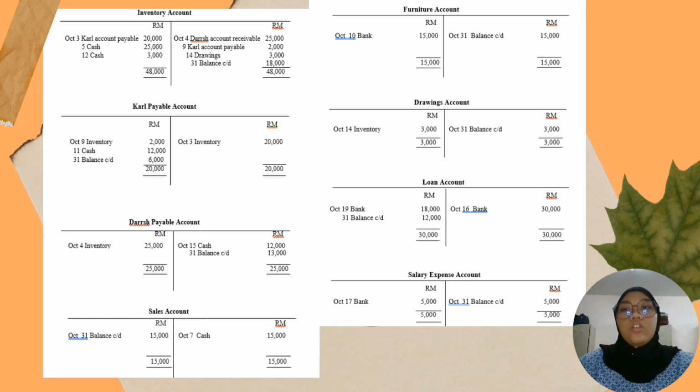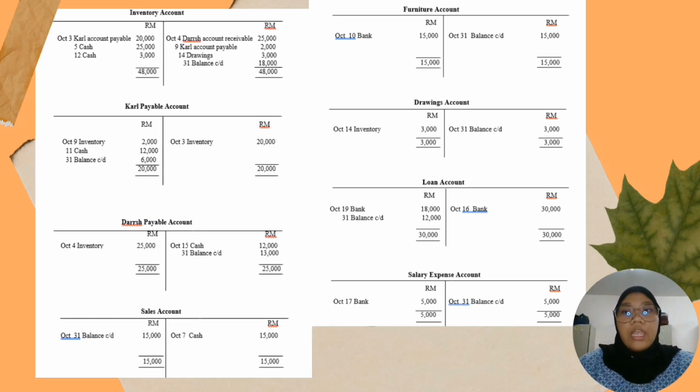Inventory account. On 3 October, account payable has 20,000 ringgit Malaysia.